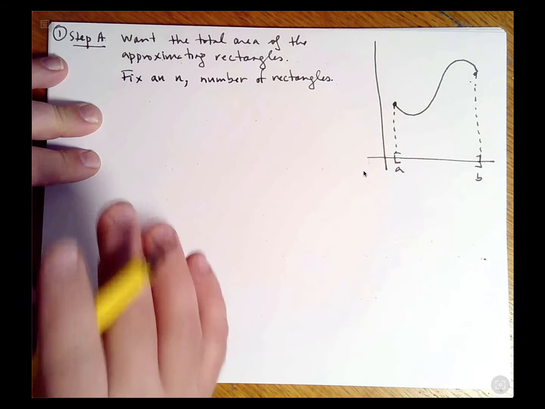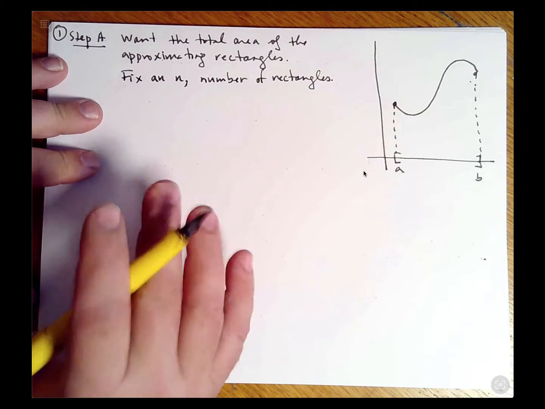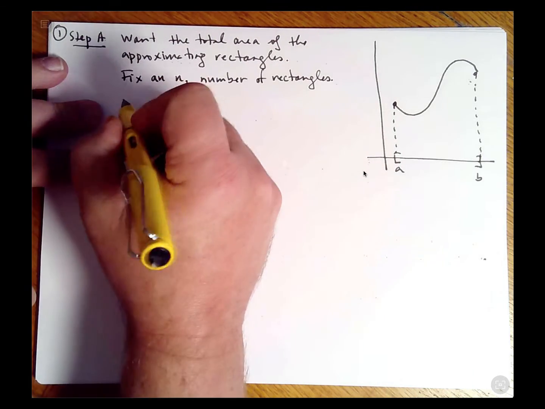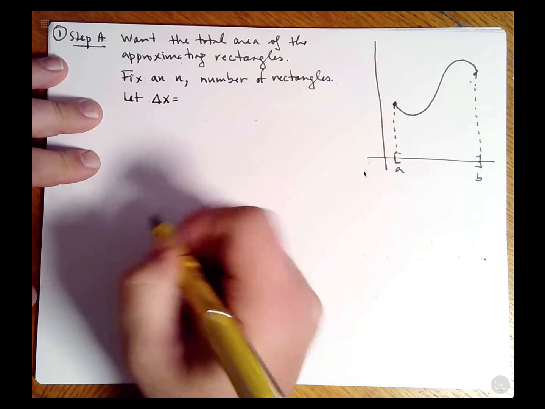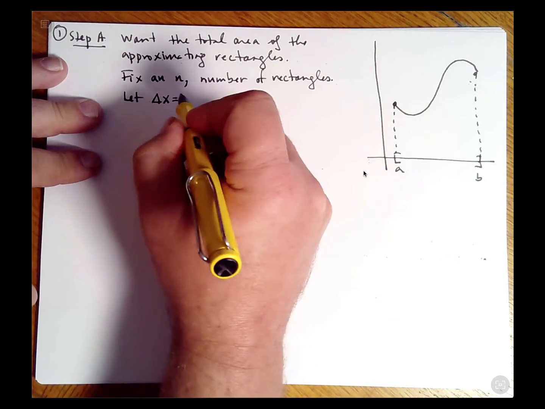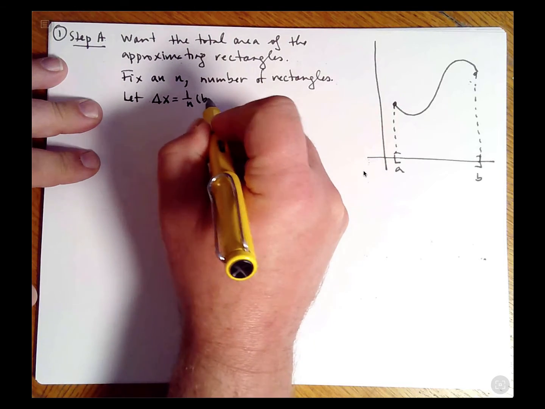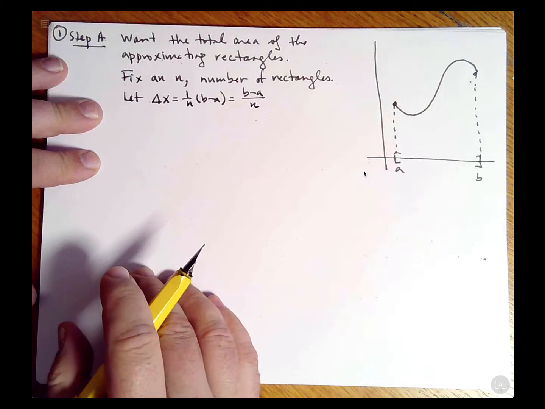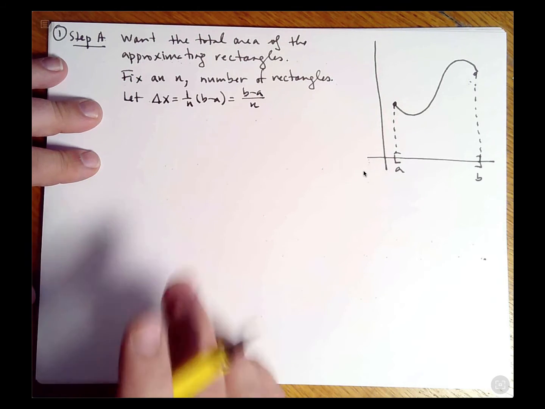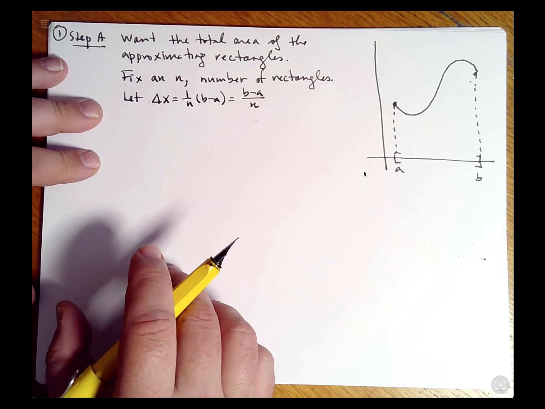Just fix a number n. We're going to keep the symbol n representing that number. And we're going to define delta x, the width of each of our rectangles, as 1 over n times b minus a, right? That's the same thing. So that's the width of each rectangle.